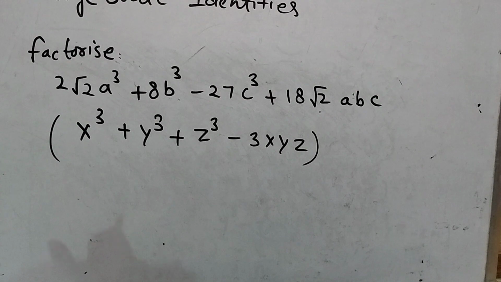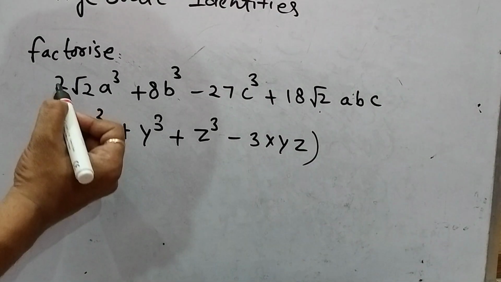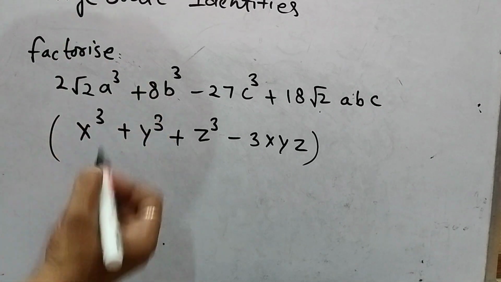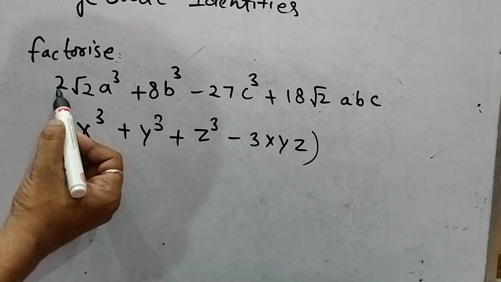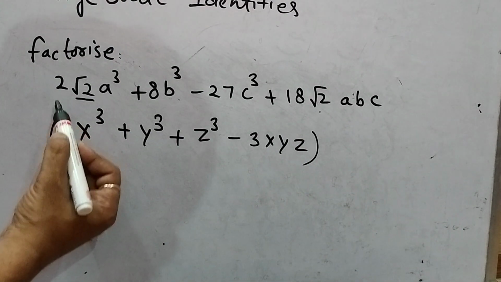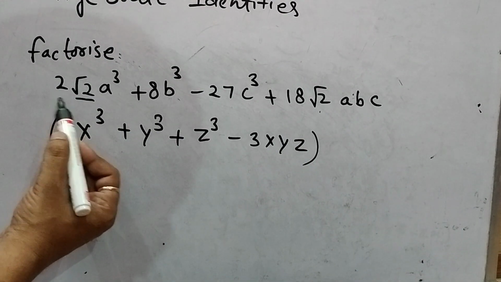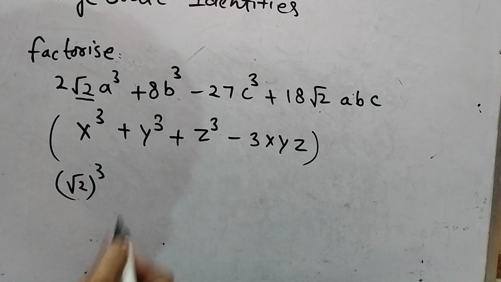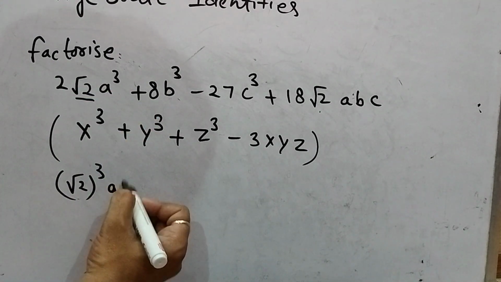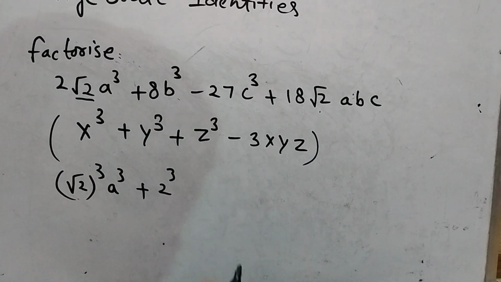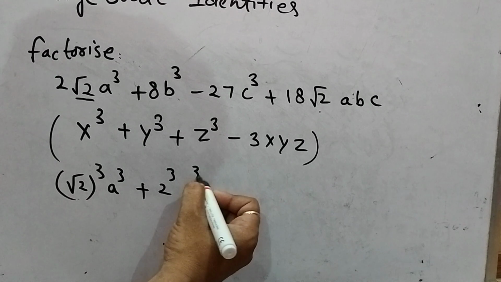So how? We have 2, and 2 can be written as root 2 into root 2, you know that. So we have root 2 into root 2 and again 1 root 2 here. So 2 root 2 will become root 2 whole cube. And we have a cube. Plus 8 can be written as 2 cube, you know that. b cube.